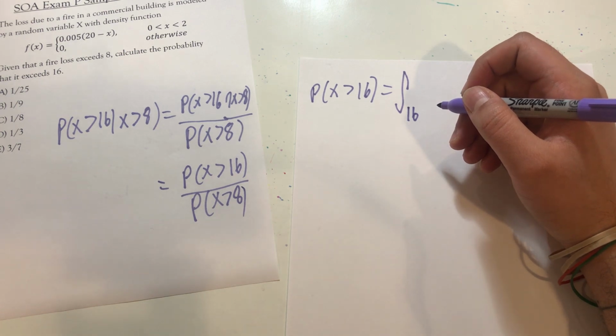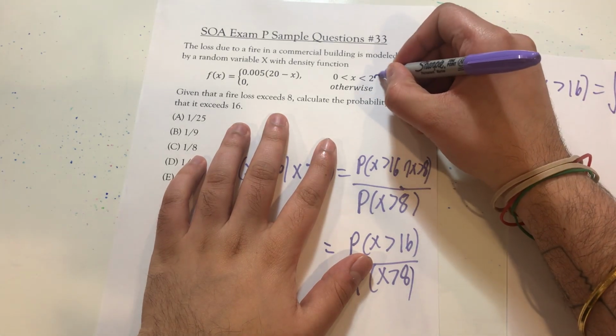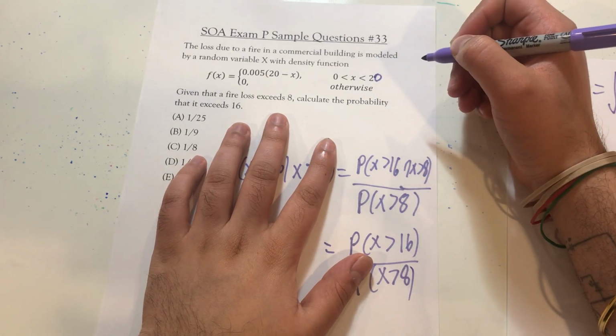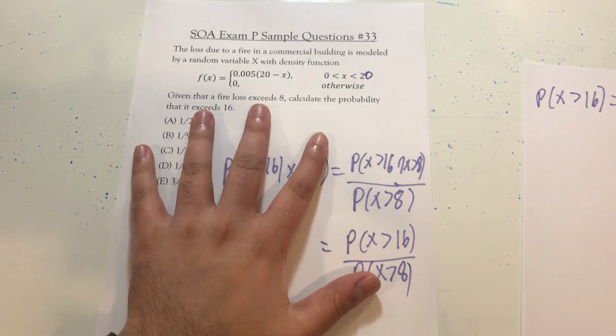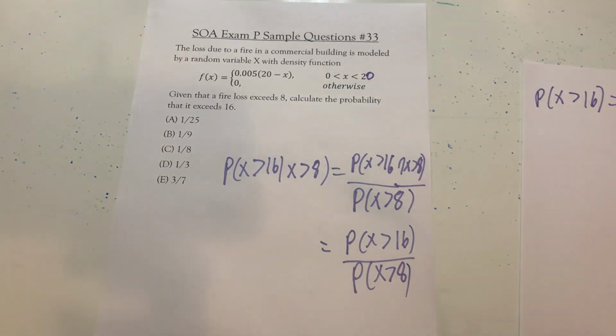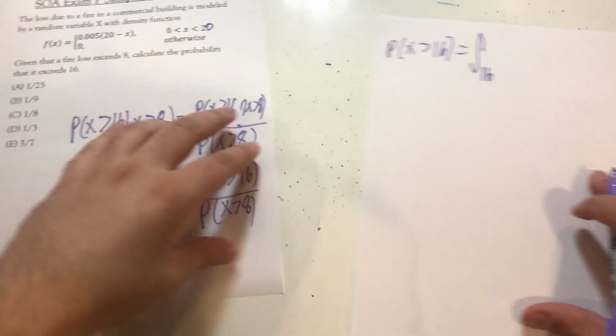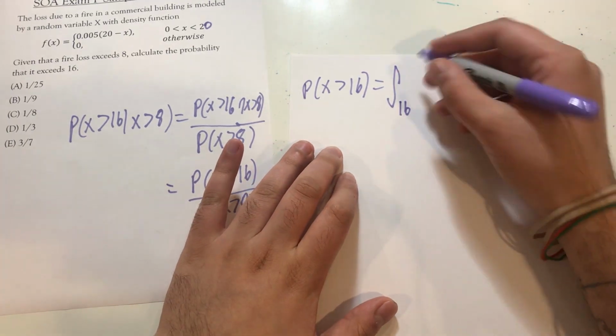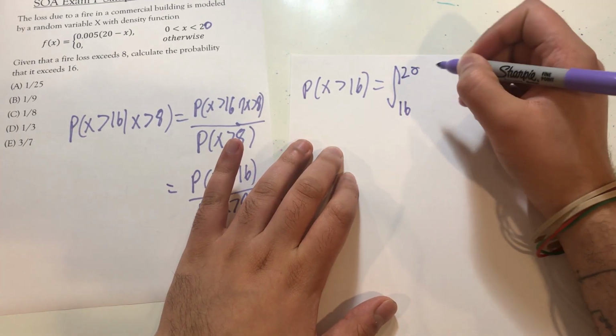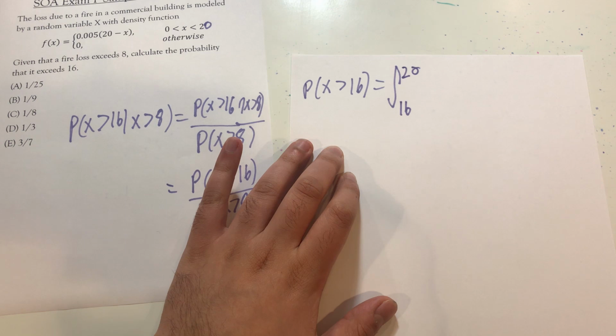I believe this question was somewhat cut off because this should say 20, because this particular function has a max loss of 20. So my upper bound would be whatever my maximum is. In this case, it is 20. If it's not given, it would be infinity.